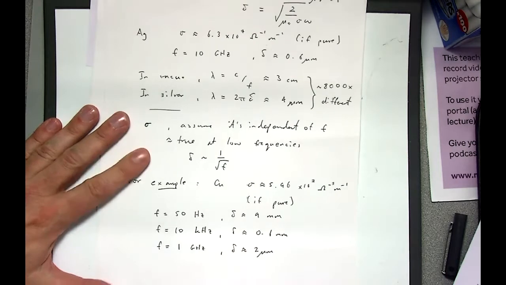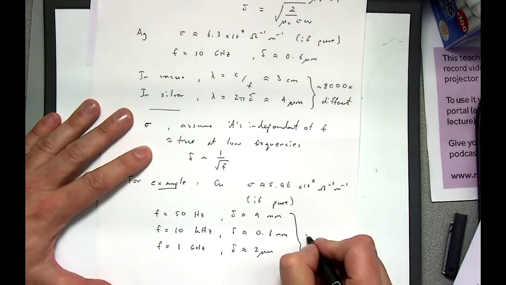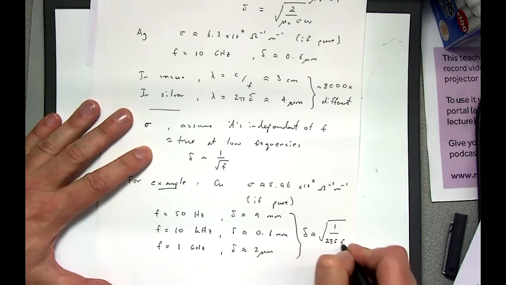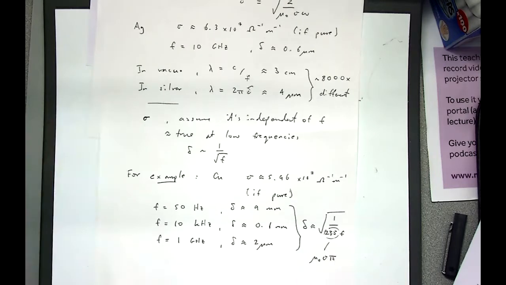And if you lump those all together, a handy thing to think about, this is for copper, is something like 1 over the square root of 235 times the frequency, right? Because that 235 there is like mu naught sigma pi. Okay? What does that mean?